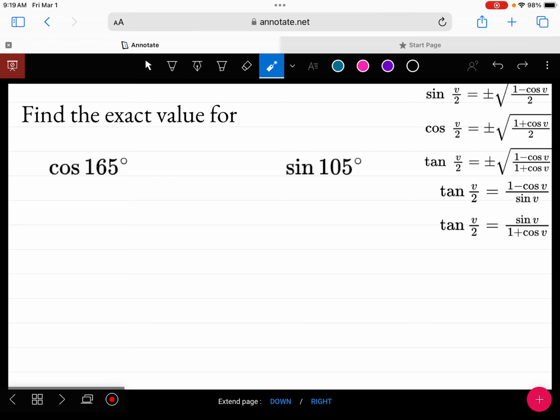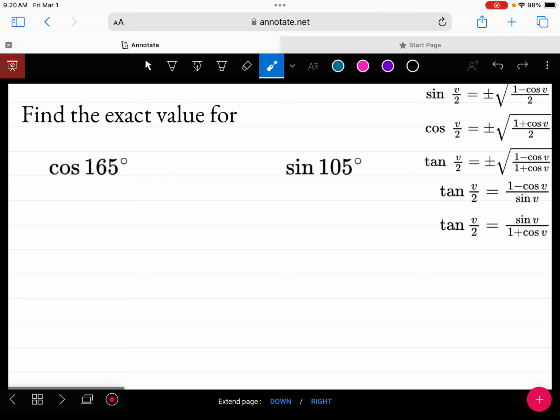Cosine of 165. Is 165 on the unit circle? No. It's not. But if we play around looking at 165 for a little minute, we notice that 165 is half of 330. Is 330 on the unit circle?